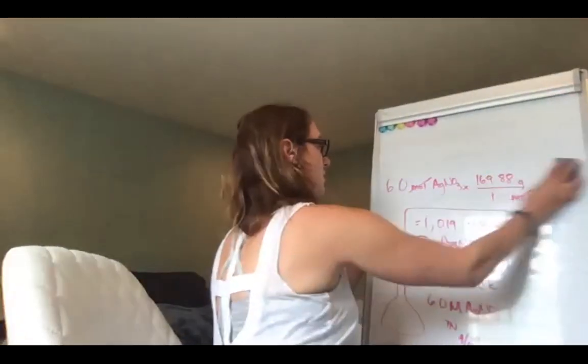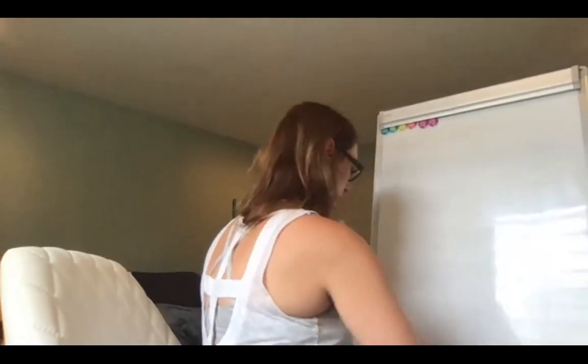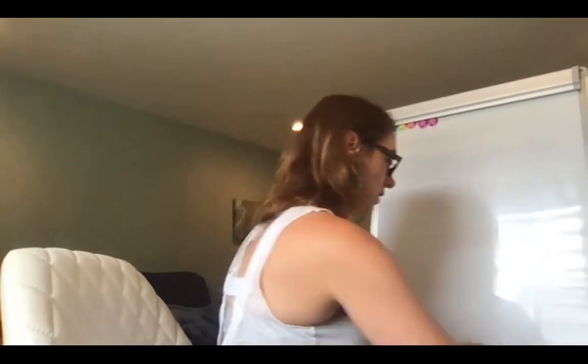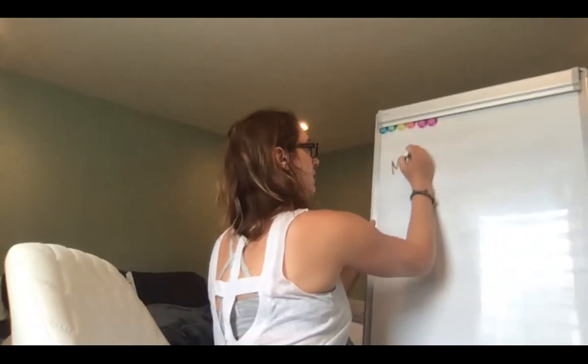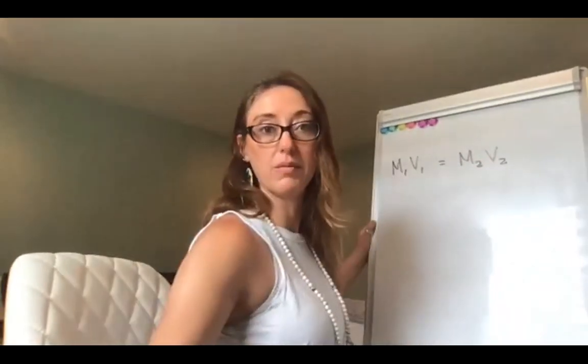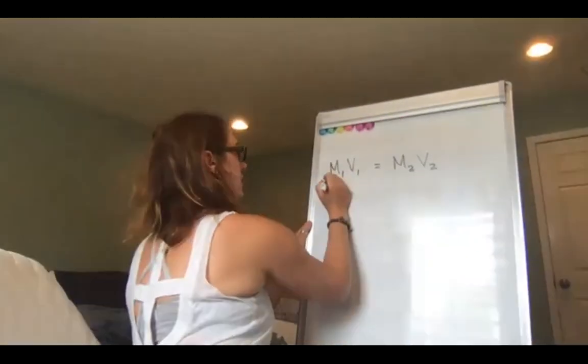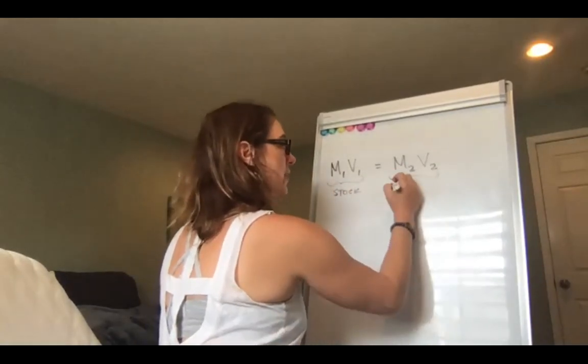So how am I going to do that? I'm going to use that molarity by dilution equation. We're almost done here. So I'll use M1V1 equals M2V2. Okay, and remember, this represents my stock, and this represents my desired solution.